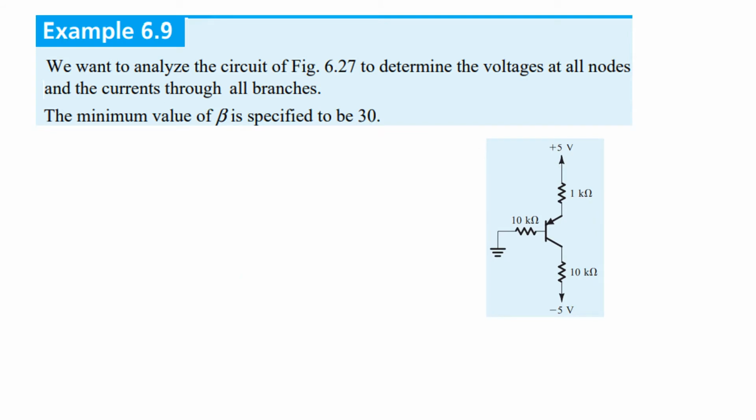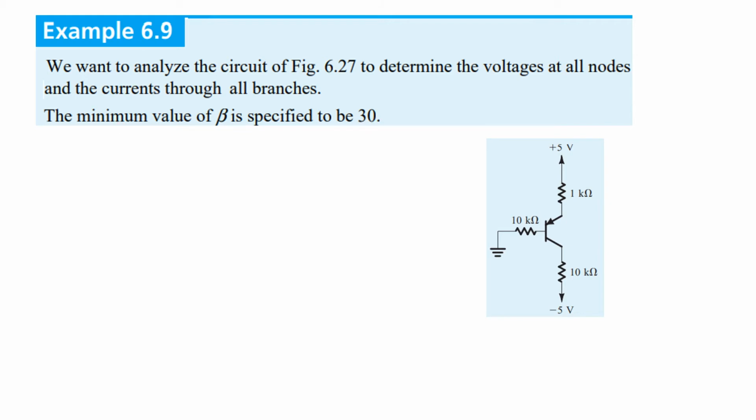Now let's come to example 6.9. We want to analyze the circuit to determine voltages at all the nodes and the current through all the branches, and beta is given to be 30. The minimum value of beta is 30.